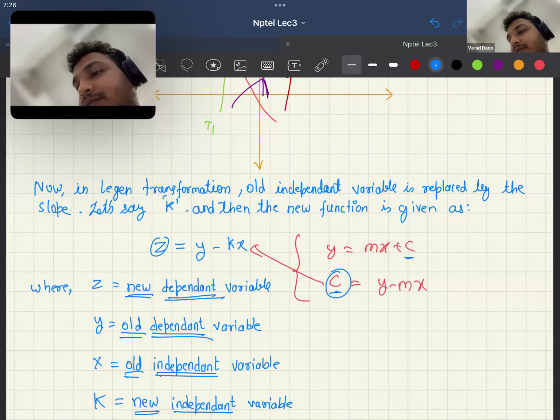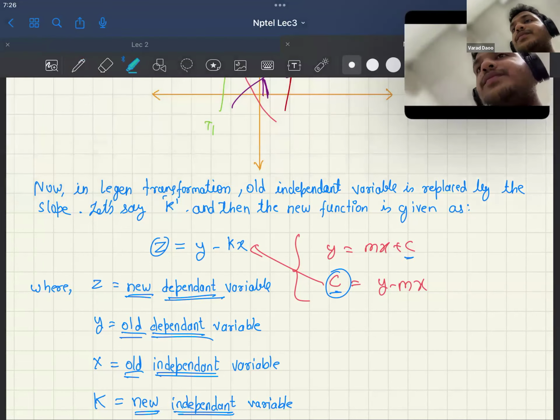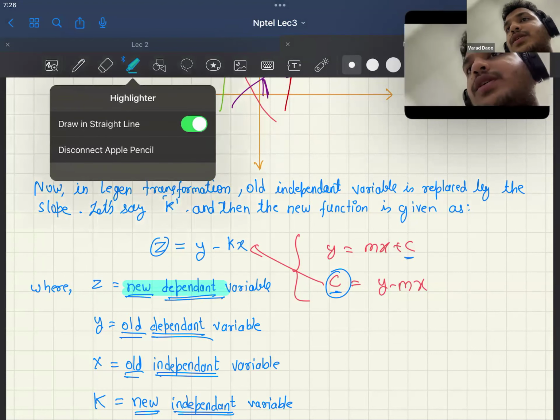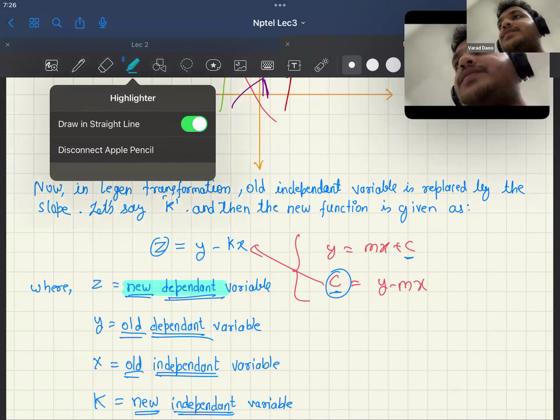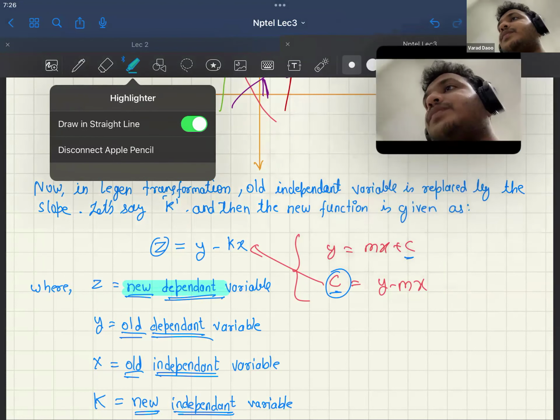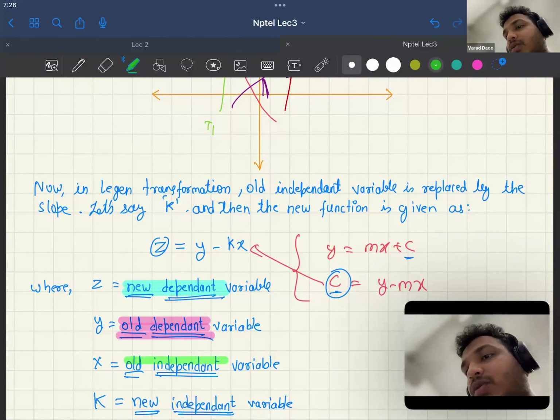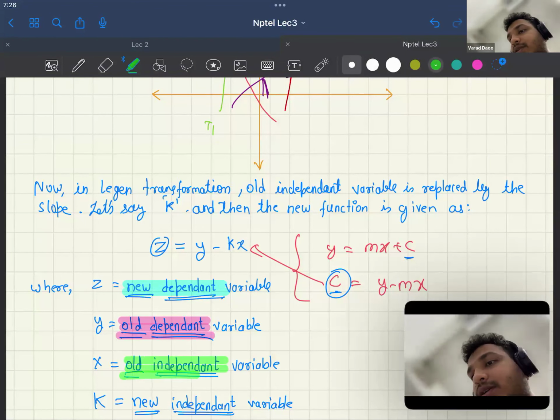Let me highlight it in a different color. The red one is the old dependent variable, whereas the green one is the old independent variable, and this yellow one becomes the new independent variable.